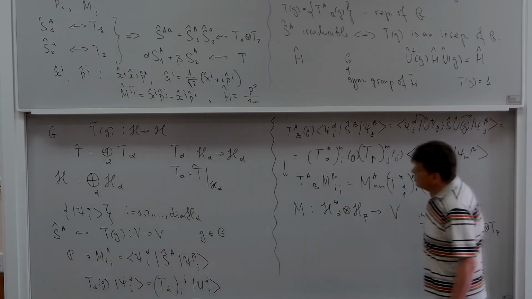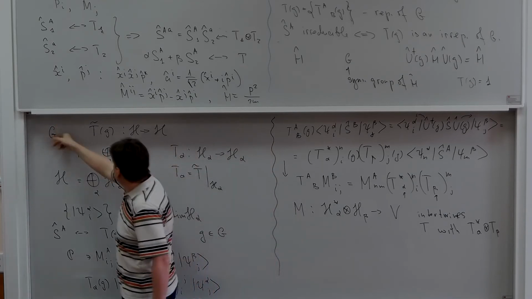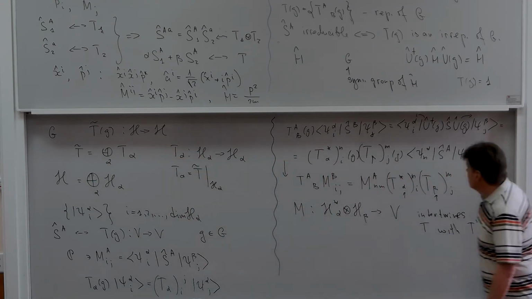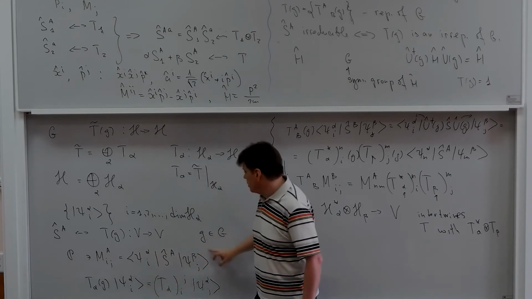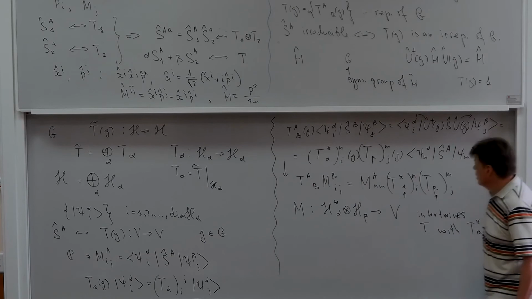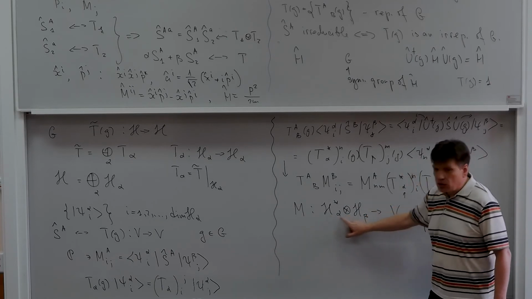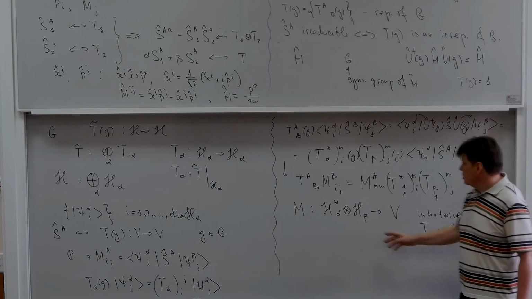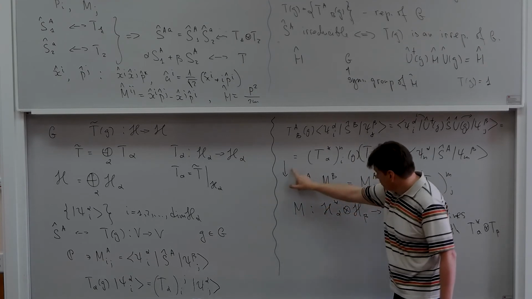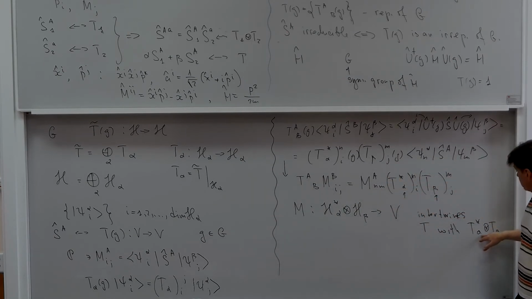And we also have the operators T alpha corresponding to the action of our symmetry group in the vector space H. From this equality we see that various matrix elements of these tensor operators form a rectangular matrix of an operator that acts from the tensor product space to the space V. This means that this operator intertwines the representation T with the representation in the tensor product of spaces H alpha and H beta, which is given by these operators.